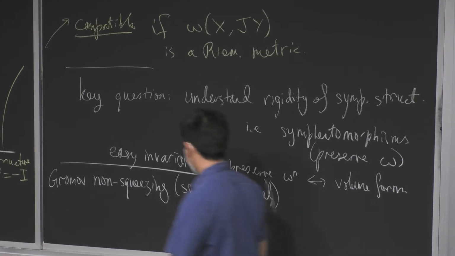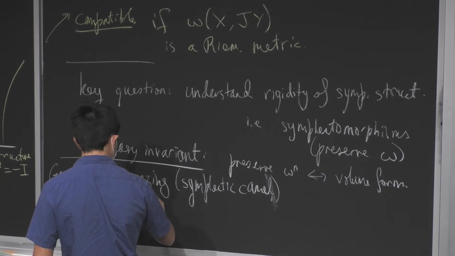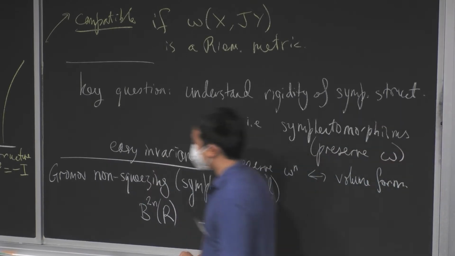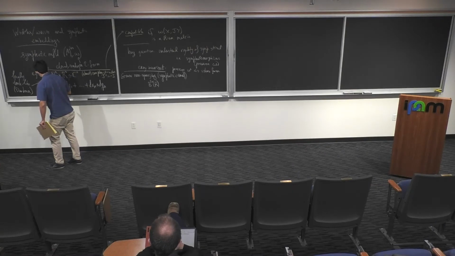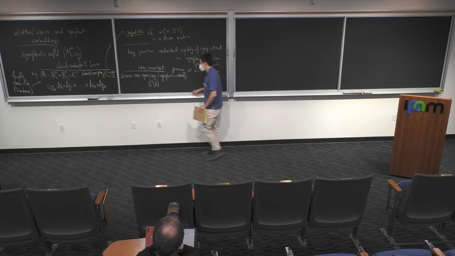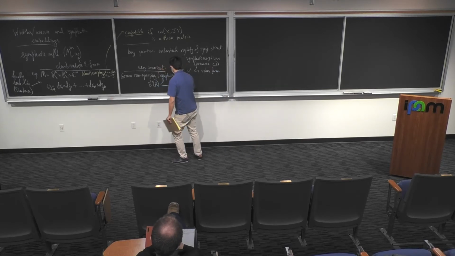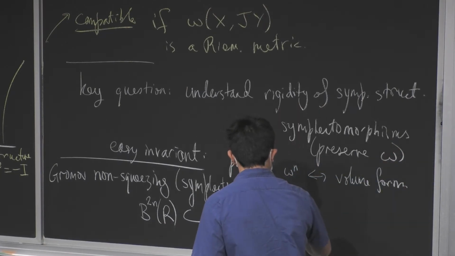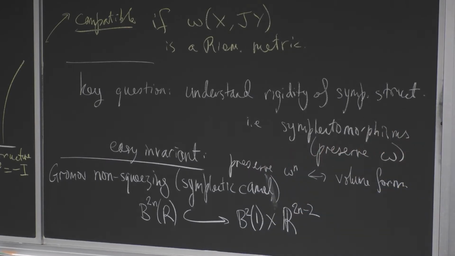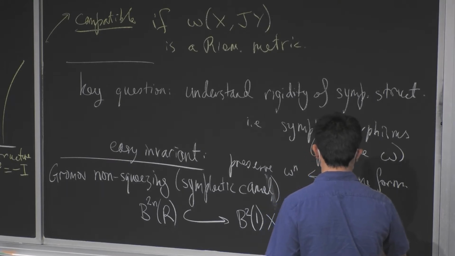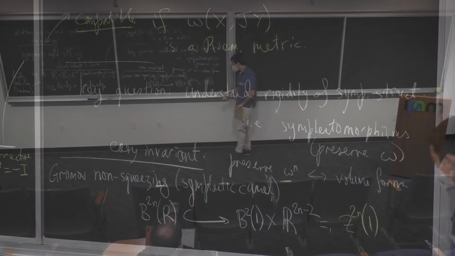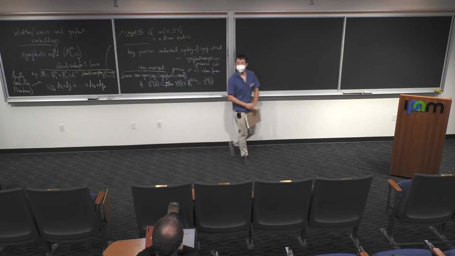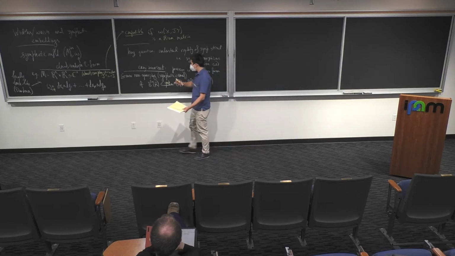Right, and so what this says is that if I take the ball of dimension 2n with big radius r, just in Euclidean space, with the standard symplectic form, and I want to try and embed it symplectically into the symplectic cylinder, so that's the two-dimensional ball of radius 1 cross R^(2n-2), sometimes written as Z. And so the theorem is if you do have such an embedding, well, you can't embed too big a ball.